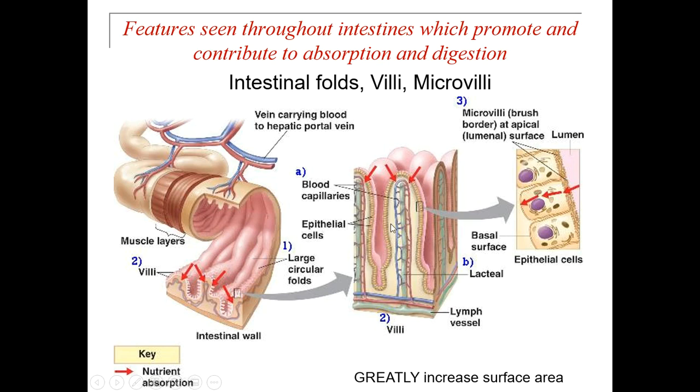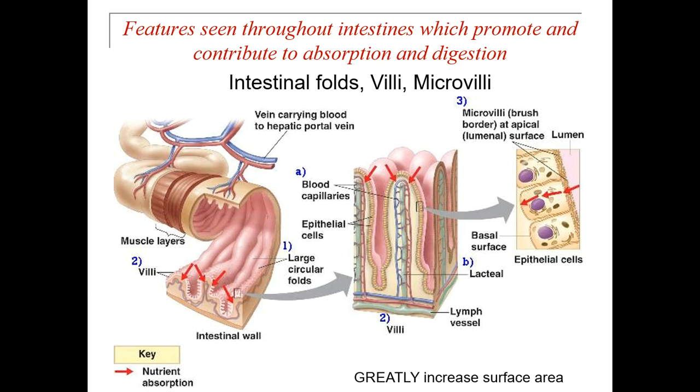Here's a little better view of that. Again, just like how we had to break down the food to increase its surface area, because the only way that the digestive enzymes can have an impact on the food is if they come into contact with it, same idea here with the intestines.